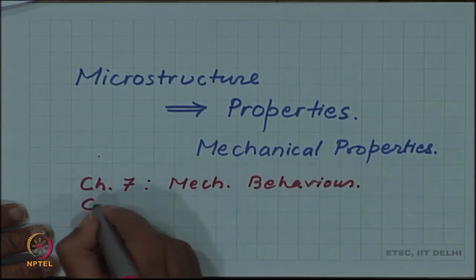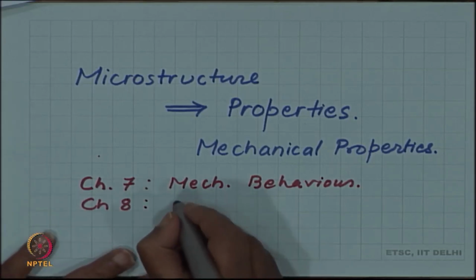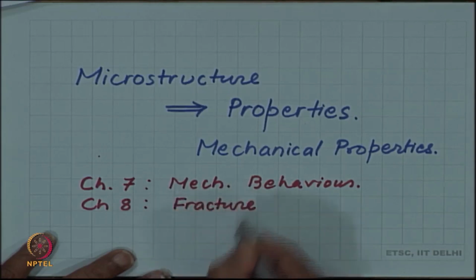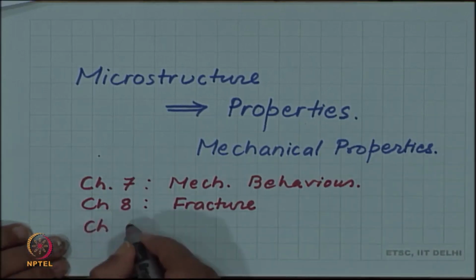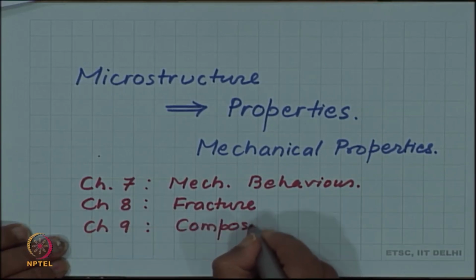And finally, in chapter 8, we will see how ultimately material fails or breaks, that is fracture. And if you are interested in spending more for your bicycle and are not satisfied with the traditional mild steel frame, you can go for lighter but more expensive bicycles made of composite frame. So, chapter 9, the final chapter of this course, will then talk of composite materials.